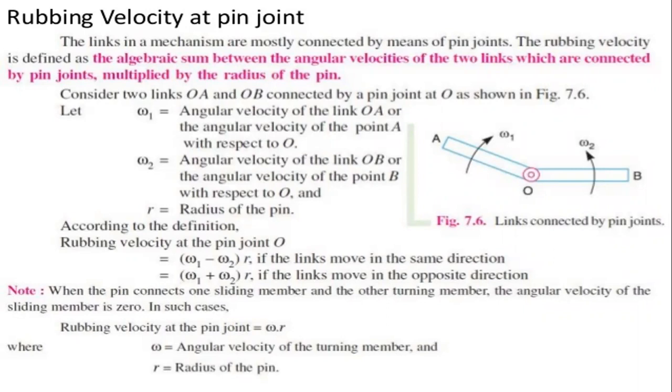So by adding the angular velocities of the two links which are connected by pin joints, these are the pin joints to be connected, and these are multiplied by the radius of the pin. So this is the radius of the pin, which is multiplied by the angular velocities.